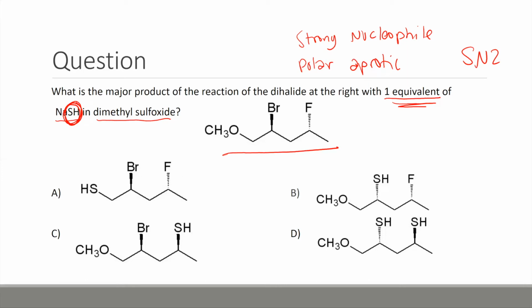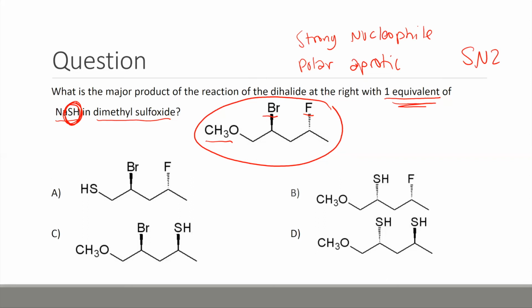So an SH group is going to be added somewhere on this molecule. The next thing to think about is in this molecule, this electrophile, which of these, the CH3O, the bromine, or the fluorine is a better leaving group? Which one's going to be better as an electrophile leaving group for an SN2 reaction?